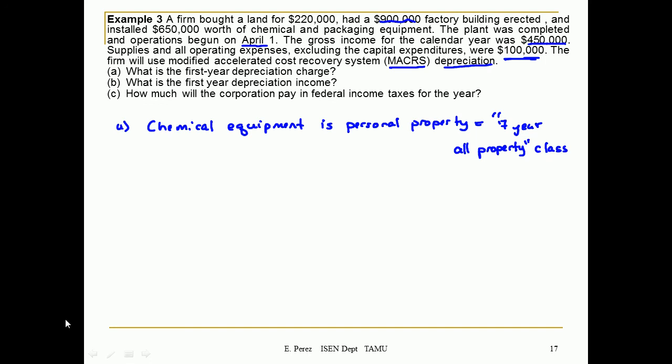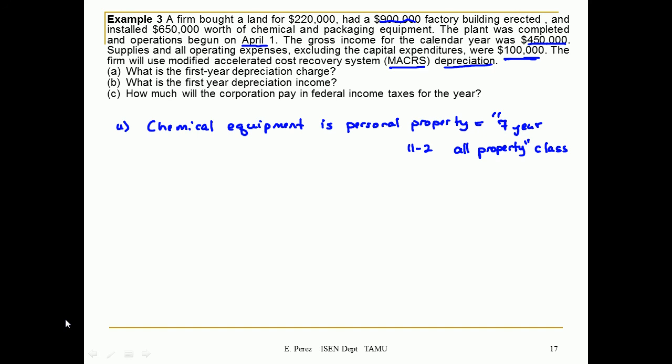And from table 11.2 from our previous lecture on depreciation, you can find the information for this type of equipment. So use table 11.2. We're going to use a 7-year period for depreciation on the MACRS method.